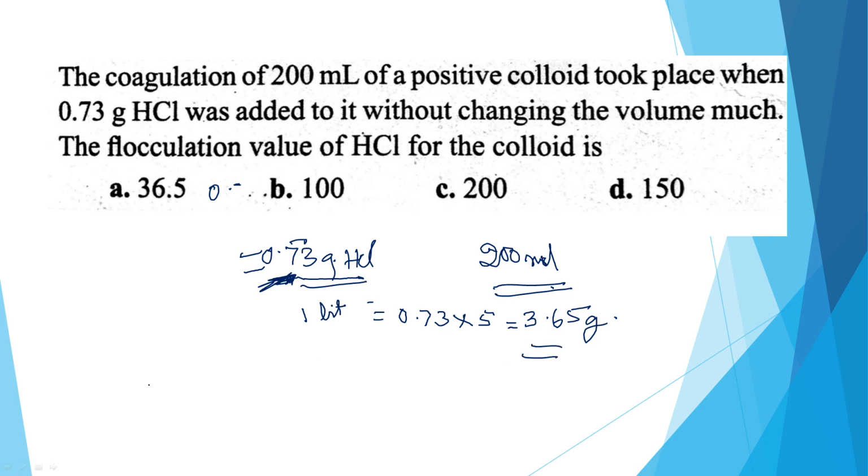Per liter 3.65 grams is required. The molecular mass of HCl is 36.5, so we calculate the millimoles: for 3.65 grams, how many millimoles? This is nothing but 100 millimoles. 100 millimoles is required. So option B is correct.